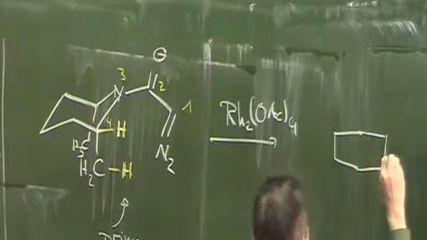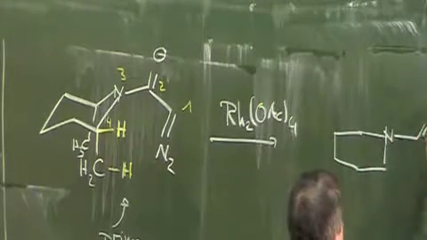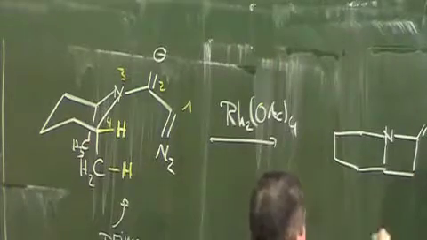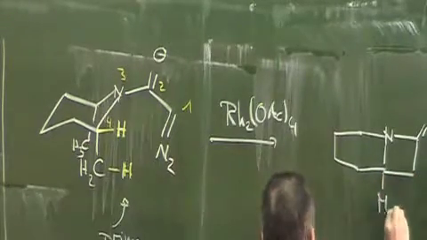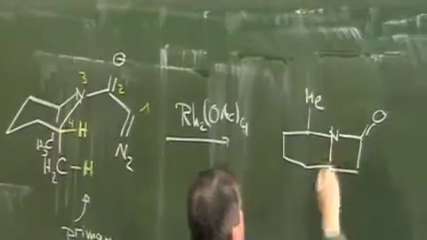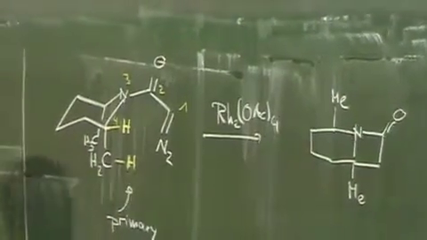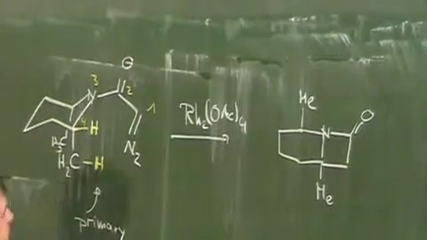And what is indeed observed here is that with very high preference, you actually form the 4-membered ring here.